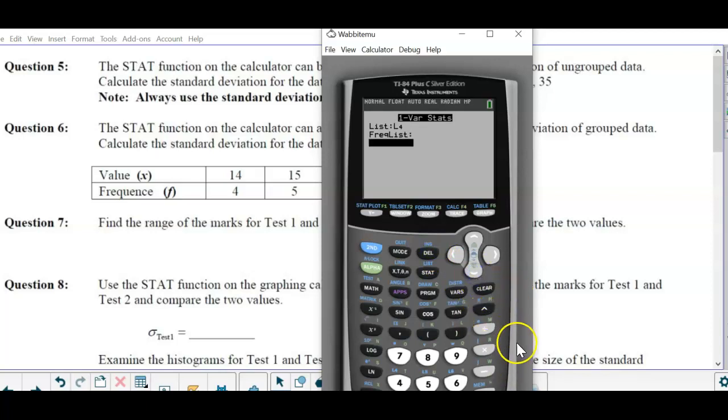So you just need L4. And calculate. Okay, so there's the mean, etc. We're looking for sigma here, this sigma x. All right, so this rounds to 5.76.